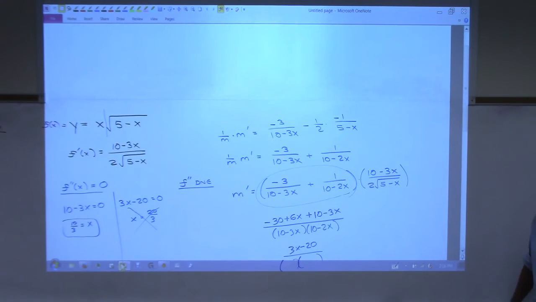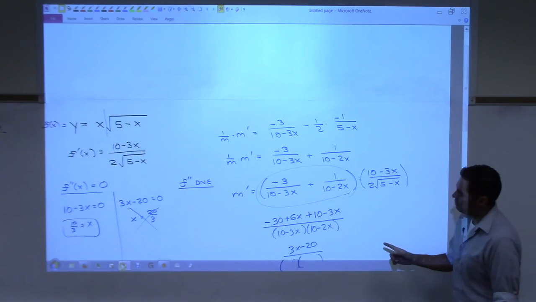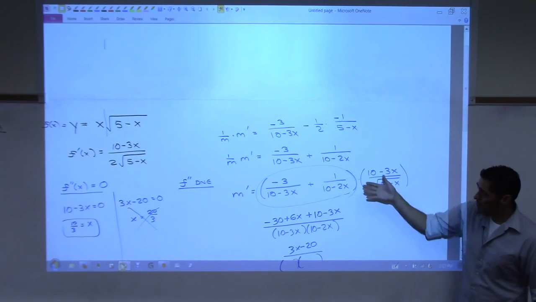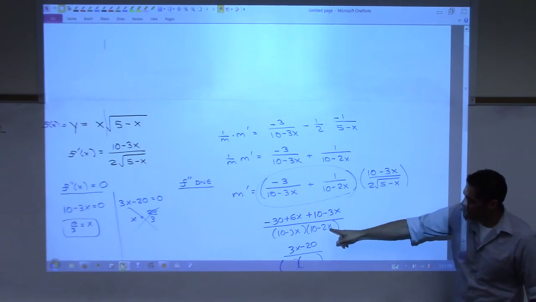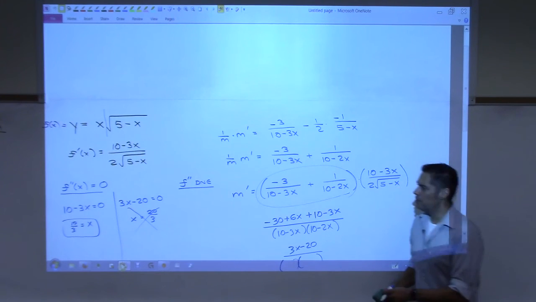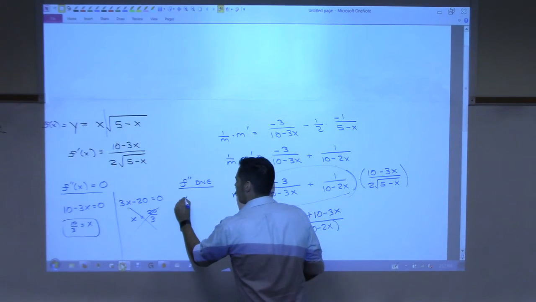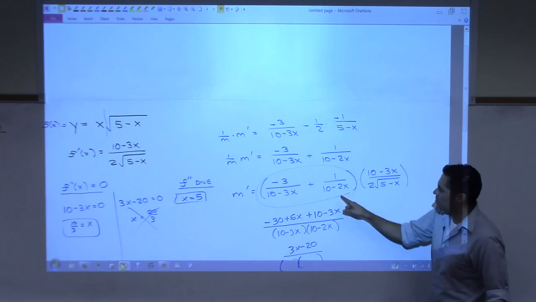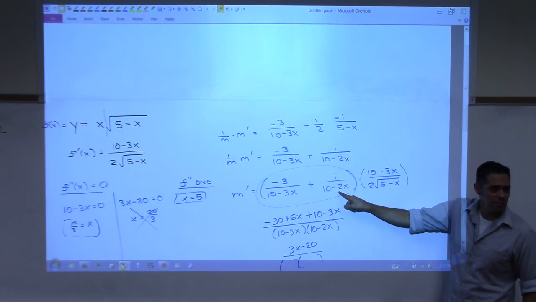And now let's figure out where this thing would be undefined. So I'm going back up to this, or I could look at this one, it doesn't matter. How about this one over here? Where is this undefined? At 5. So 5 is a critical number, but that's the endpoint, right? X equals 5. And what about this? That could be undefined, couldn't it?